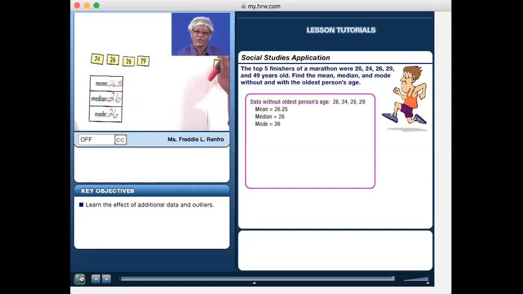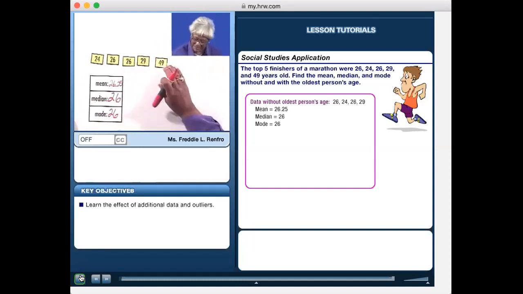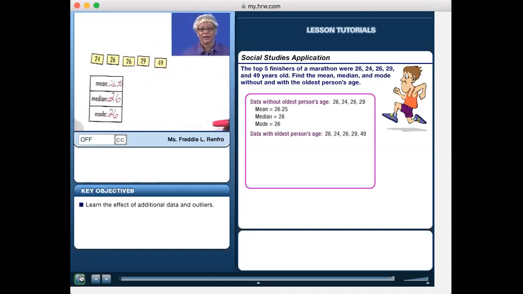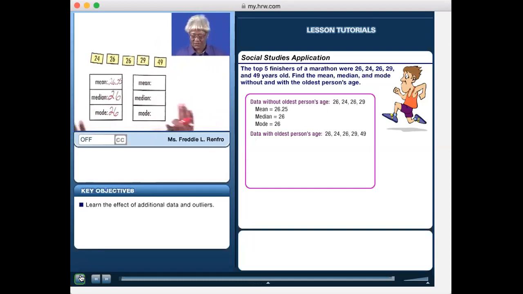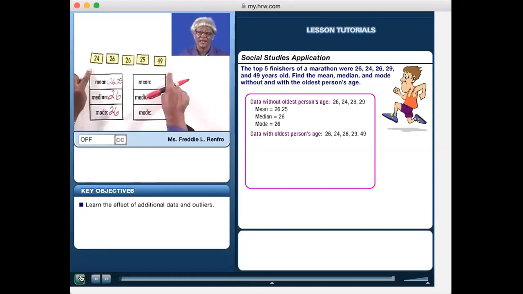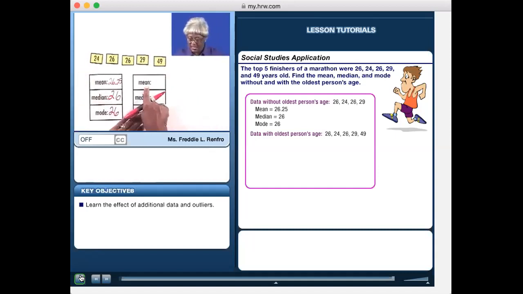Now let's come over here and add this oldest person's age to our list of ages, which means now we have 5. Let's compute the mean, the median, and the mode. If you add all 5 of these ages and this time divide by 5, you find that the mean, the average, is 30.8.